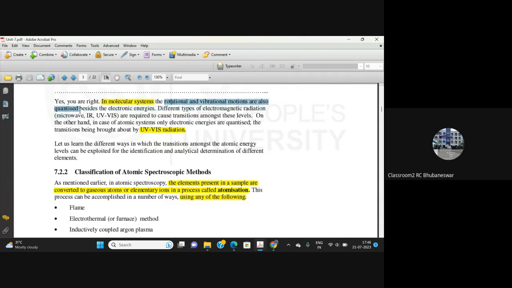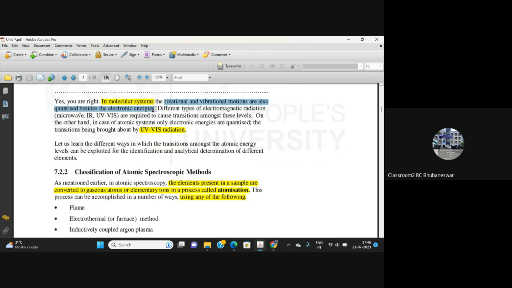Besides that, the electronic energies are quantized, meaning each electronic level E0, E1, E2, or you can designate them as S0, S1, S2, has a definite energy like nhν, hν, 2hν, 3hν, a specific energy.